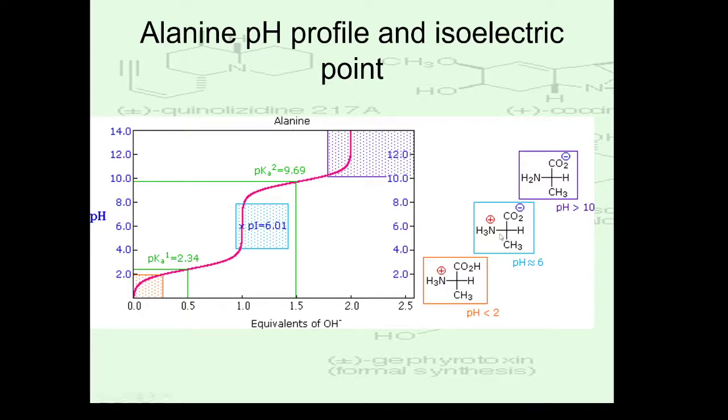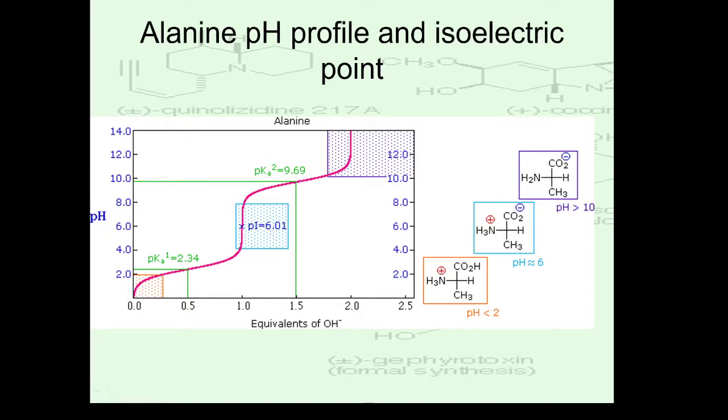So there are enough protons floating around for my base to pick up some and become positively charged. And there's also enough base at pH 6 around for my acid end to donate the protons. And we end up with an isoelectric point of 6.01.